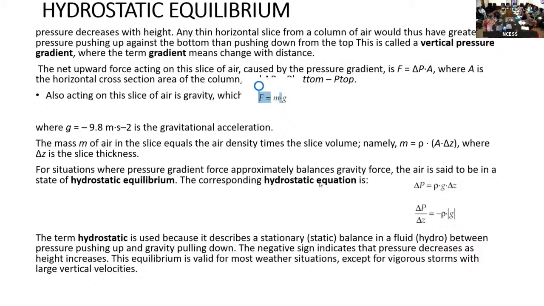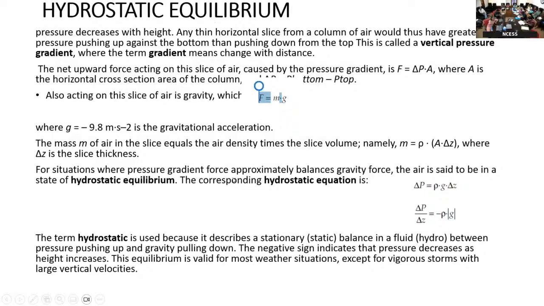Otherwise, the atmosphere obeys the hydrostatic law. So here also we can represent the force as F = mg, where g is the gravitational constant, and we have seen this earlier.